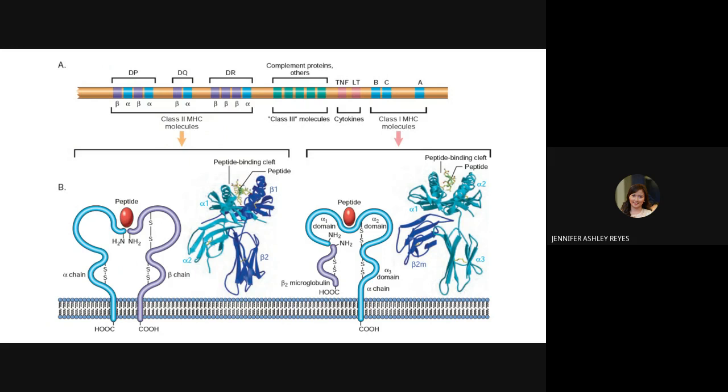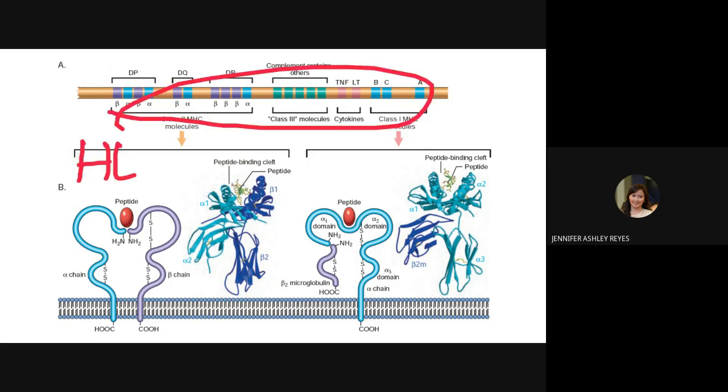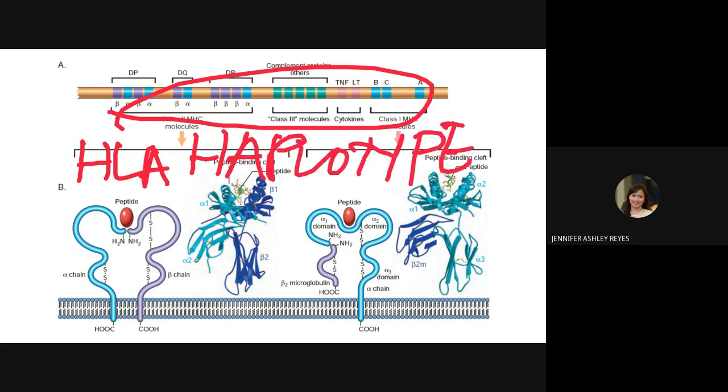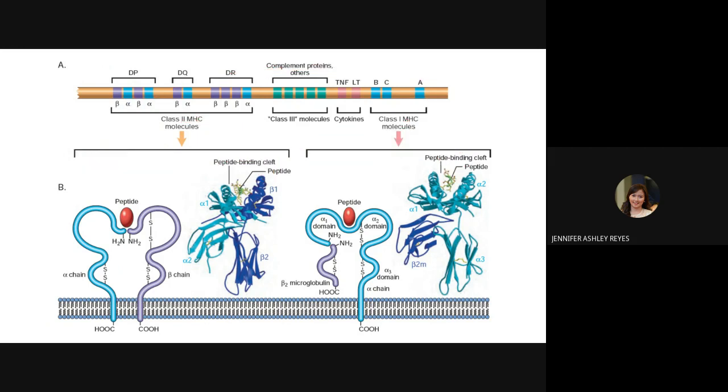The combination of HLA alleles in each individual is the HLA haplotype. Each individual will inherit one set of HLA haplotype from each parent and thus will express two different molecules for every locus.